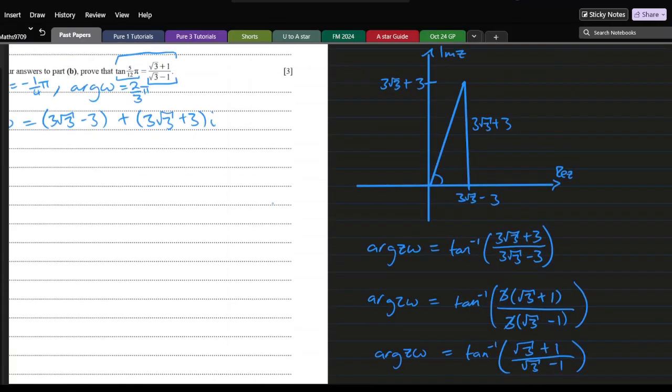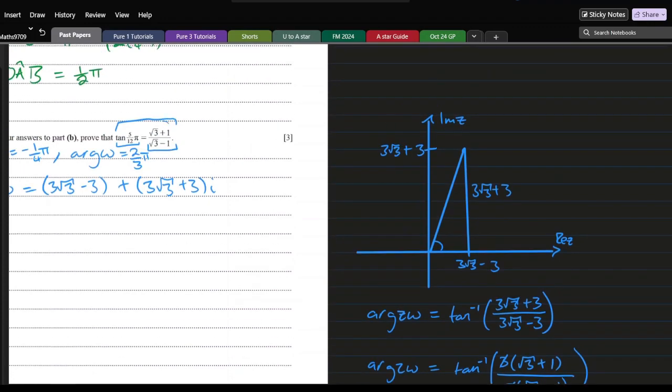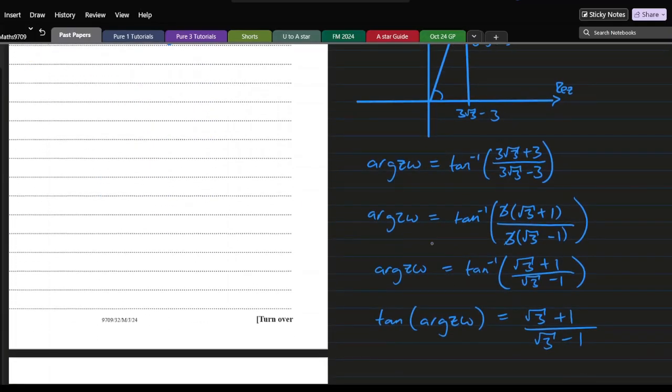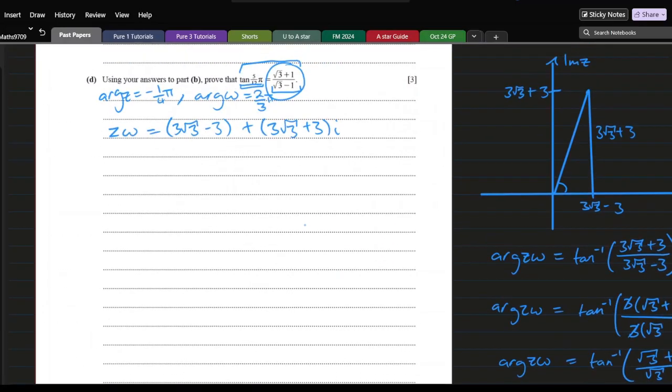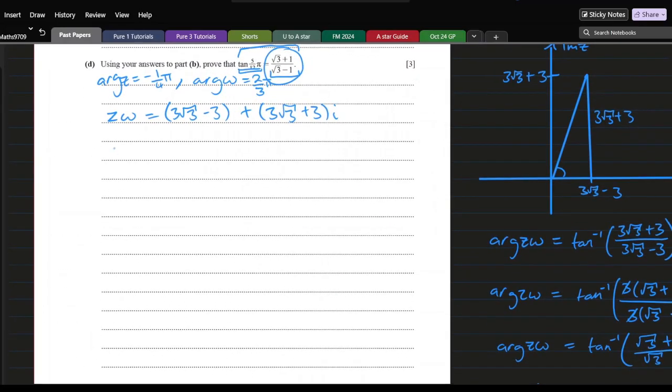So we've got the right hand side. Now we just need to figure out how to get the left hand side. So on the left hand side so far we've got tan arg z omega. Right, so I'm just going to bring what we have here. Tan arg z omega, and this is equal to root 3 plus 1 over root 3 minus 1.